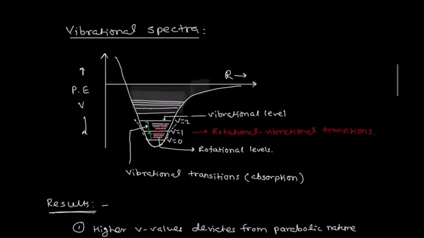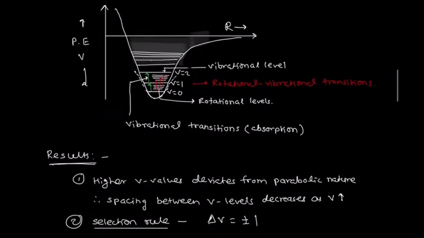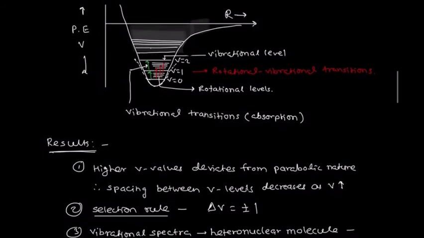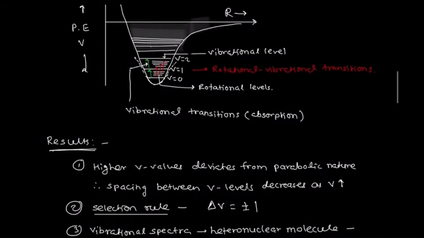We discuss them here. The first result: the higher v values deviate from the parabolic nature. For that reason, the spacing between the vibrational energy levels goes on decreasing as the vibrational quantum number increases. Now, within these energy levels, transitions may occur.